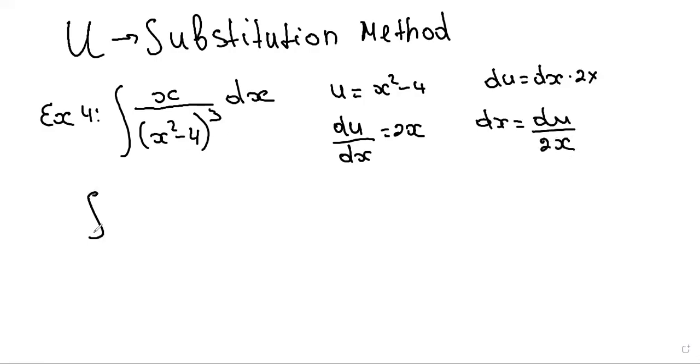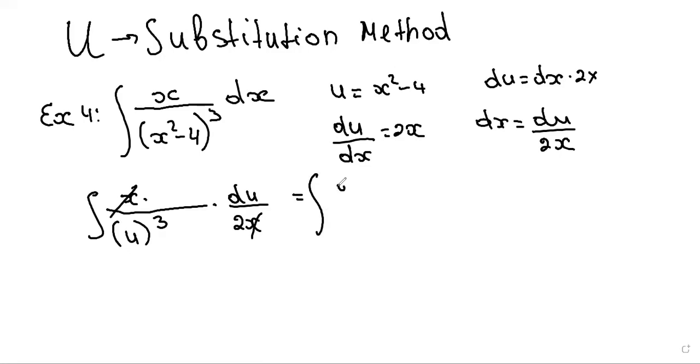Now I will write it as x times 1 over u cubed, and for dx I write du divided by 2x. Then the x terms cancel each other, and that will be du divided by u cubed times 2.